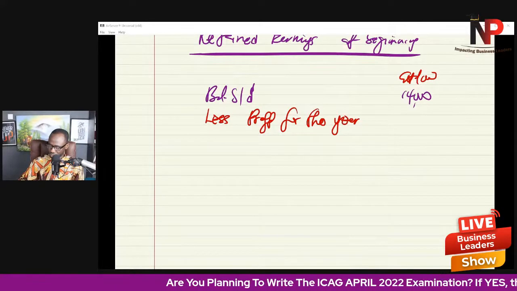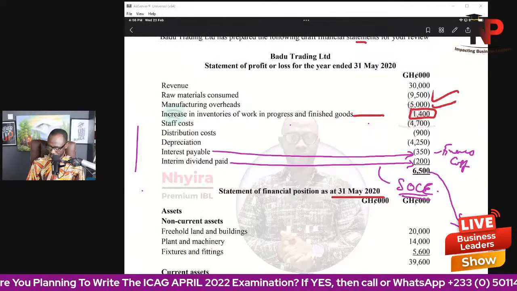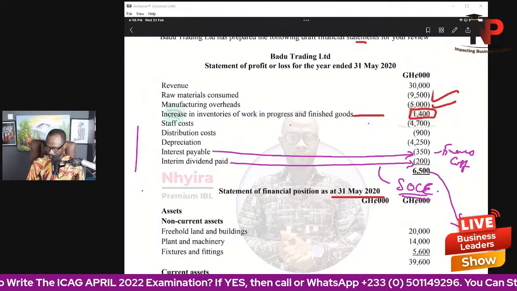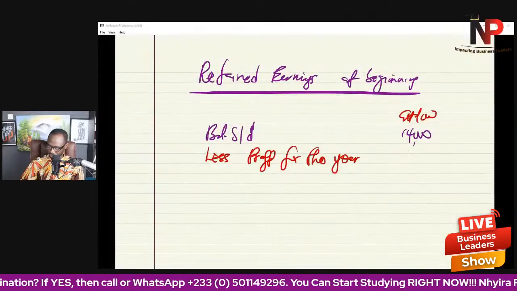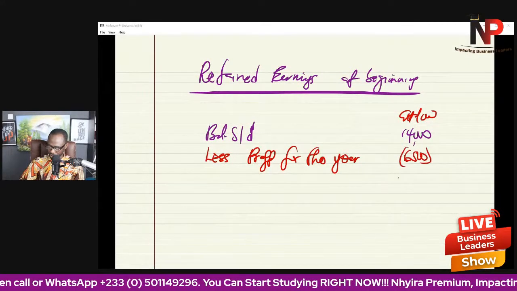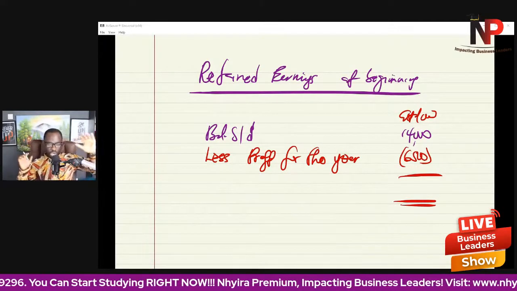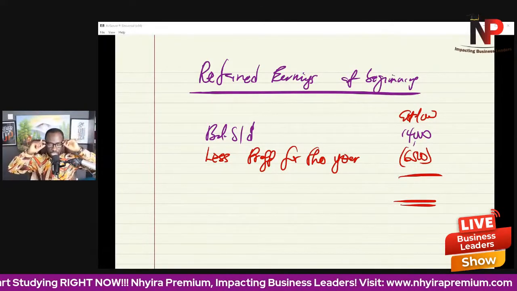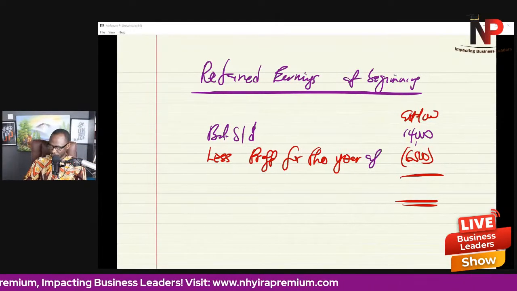And the profit for the year was an amount of how much? Okay, profit for the year after dividends, let me put it that way, 6,500. Now you could bring the profit for the year separately, then you add dividend. You getting it? So this is profit for the year after dividend.